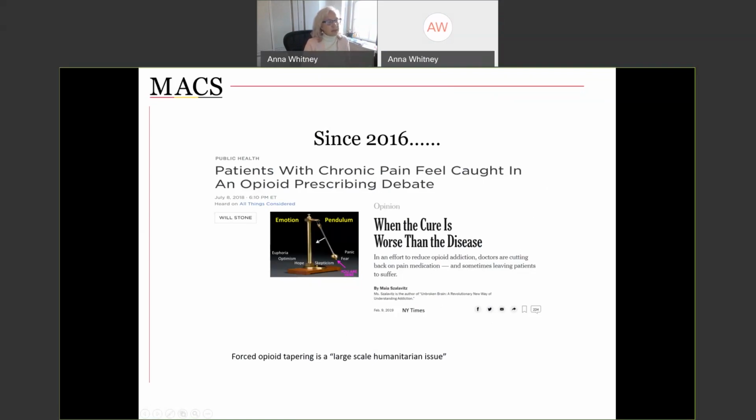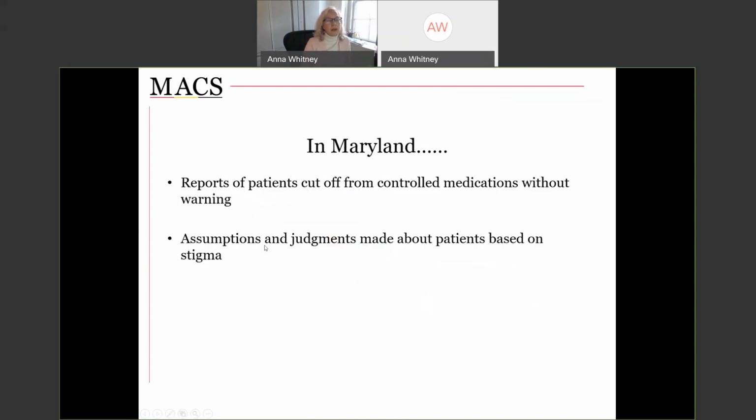So over 100 scientists, physicians, pharmacists, pain experts, and nurses signed this letter calling for a more humane, patient-centered, and thoughtful policy on opioid tapering. Here in Maryland we even heard reports of patients who were cut off from controlled medications without warning.